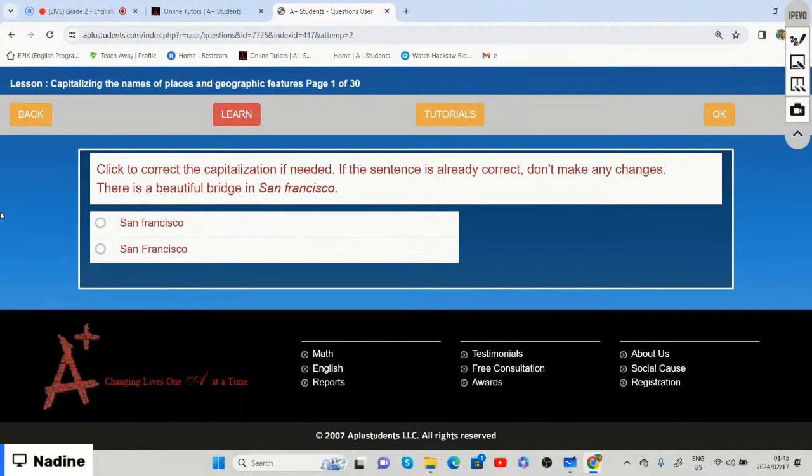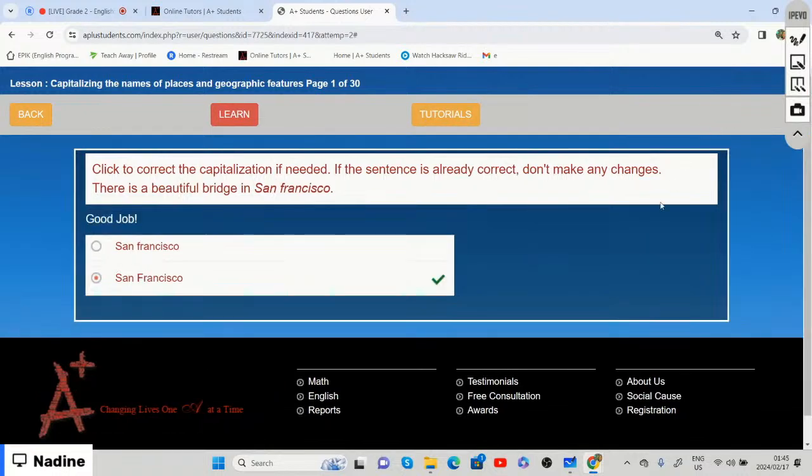So San Francisco, do you write it like with option one, or do you write it like option two? And if we choose the correct one, we will choose the second option because San Francisco means that both of these words need to be capitalized, not just one. And it's the name of a place.